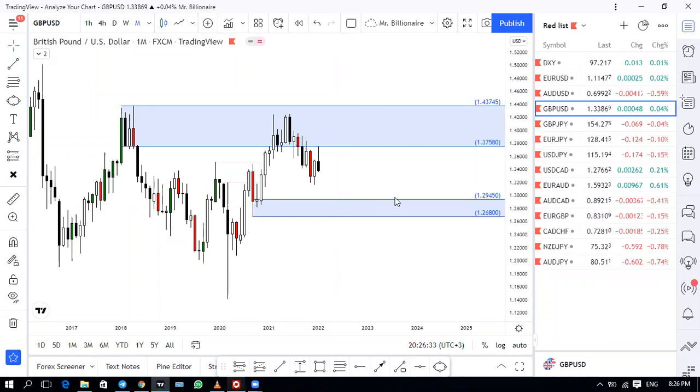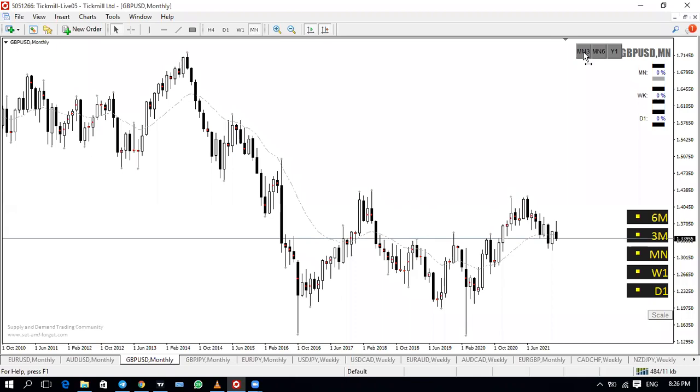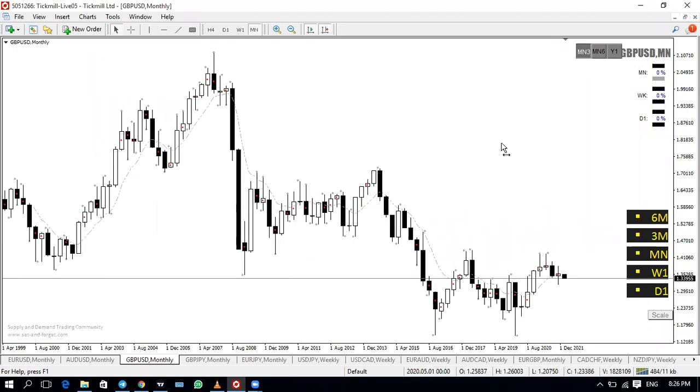Why? Let's look at the 3-month time frame. As you can see on the 3-month time frame, we had a bearish trend line in this area. This is the 3-month time frame, higher than the weekly time frame.